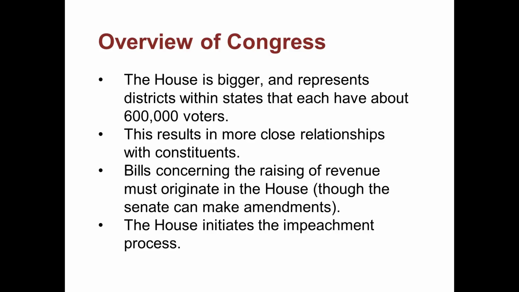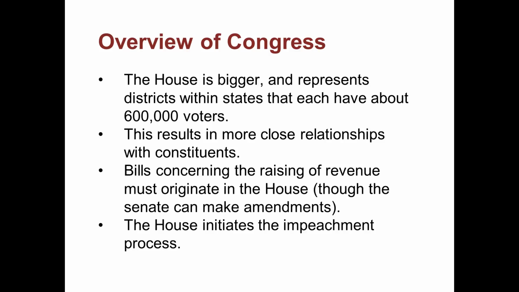Senators represent an entire state, on the other hand. This has the effect of generally having a representative in the House have a closer relationship with his or her home district, as opposed to a senator who usually is dealing with, again, a lot larger of a geographic area.